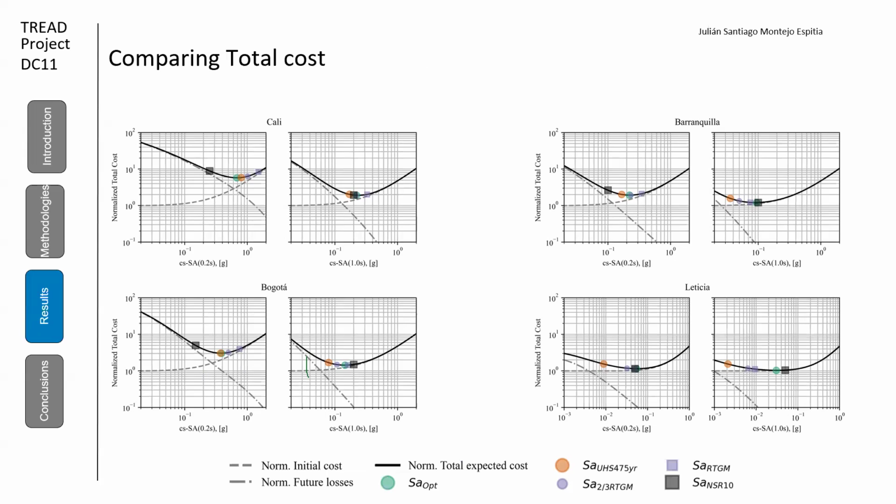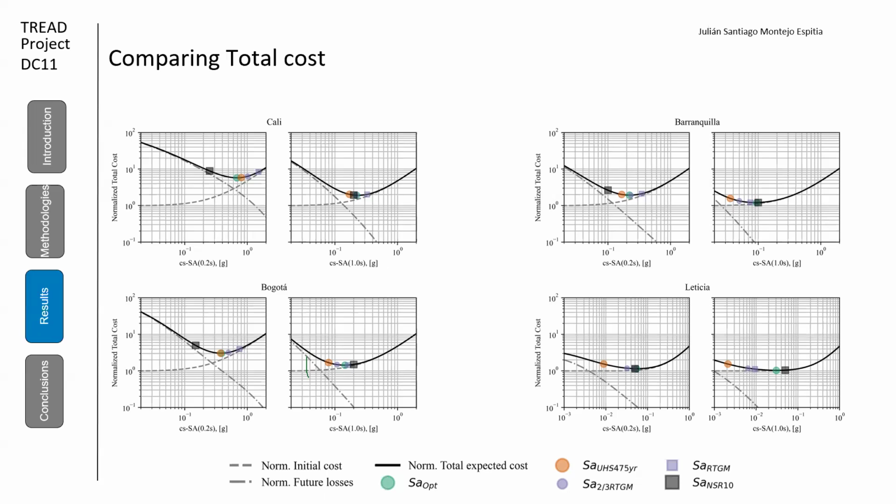We can see, because of the shape of the function, that despite the results in terms of probability of collapse being very different, the function of normalized cost has like a valley. So even though the probability of collapse changed a lot, the normalized cost is not really changing. Are we right?